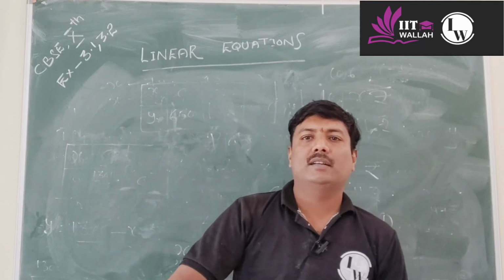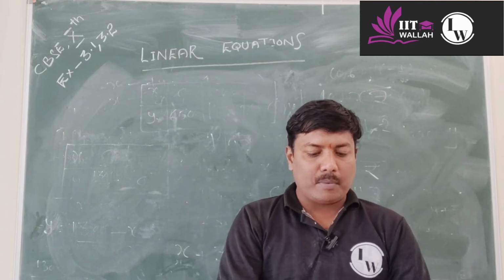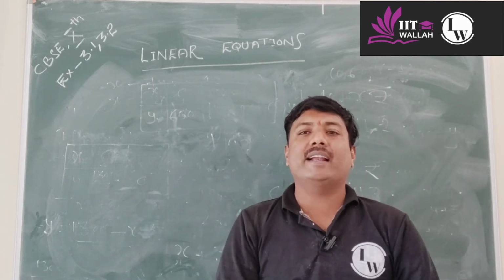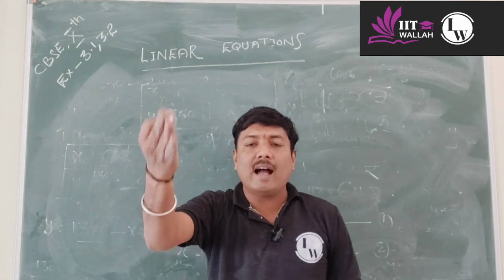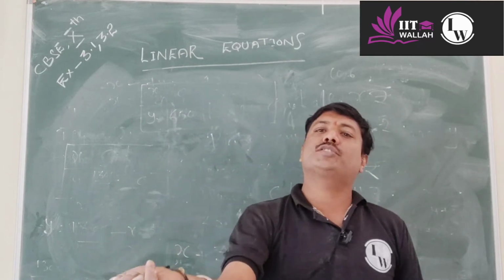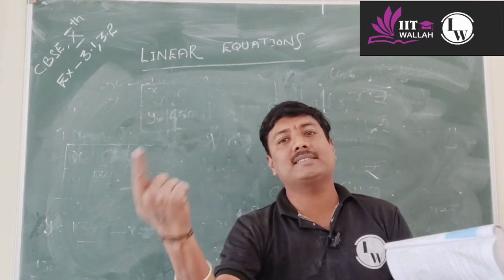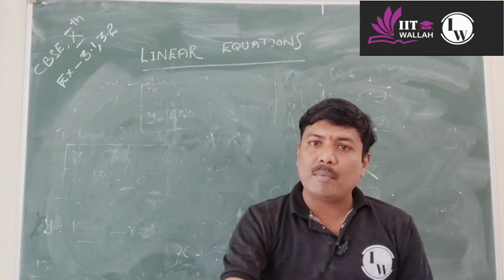So this question is dealing with our daily life situations. Here we are talking about apples and grapes. So first step, obviously you know what is the first step? Let the cost of 1 kilogram of apple be x and the cost of 1 kilogram of grape be y.